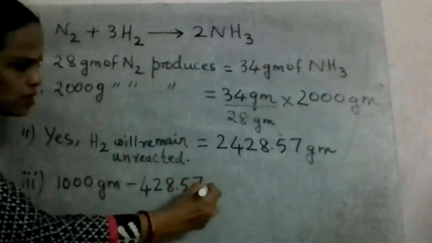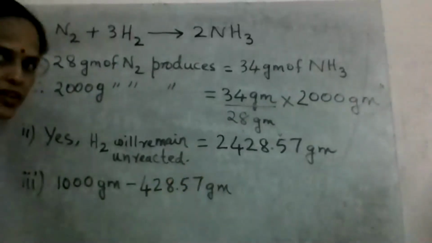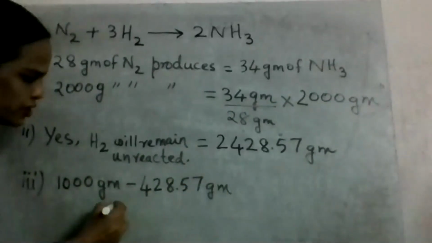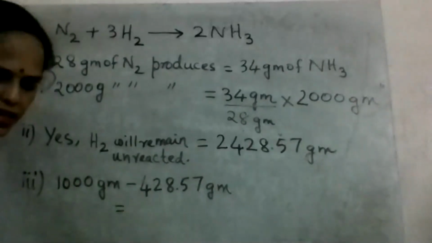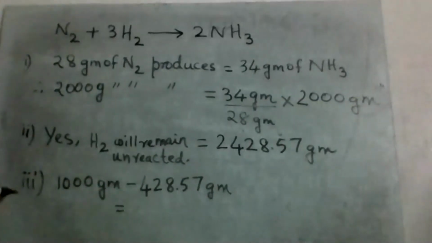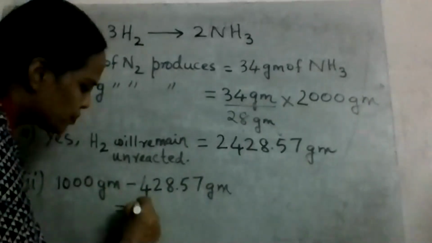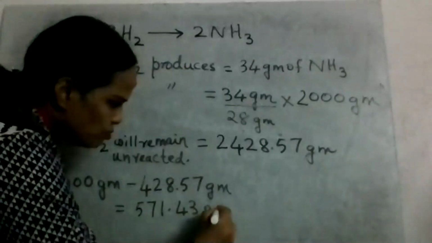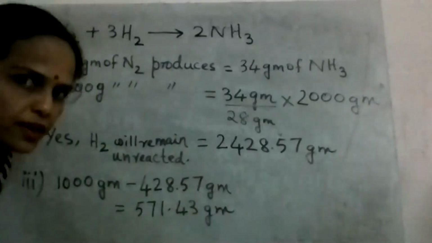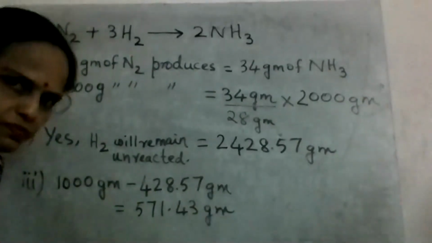So the remaining is this minus this, and you get the answer as 571.43 grams. 571.43 grams of hydrogen remain unreacted.